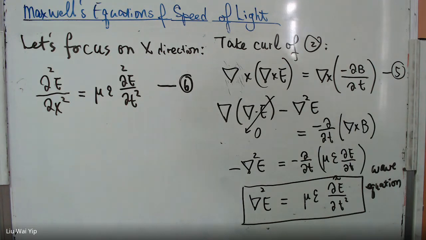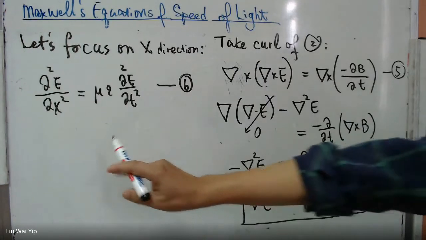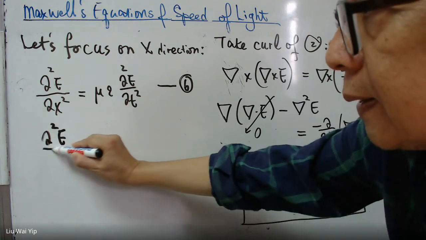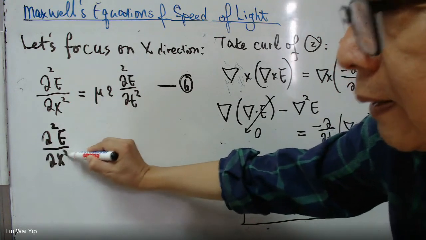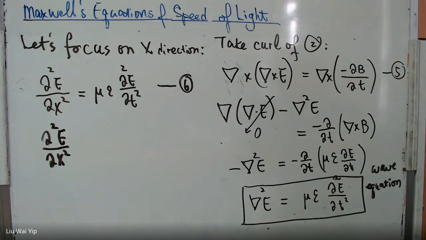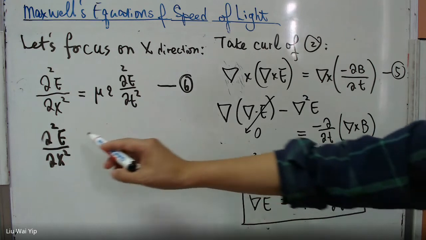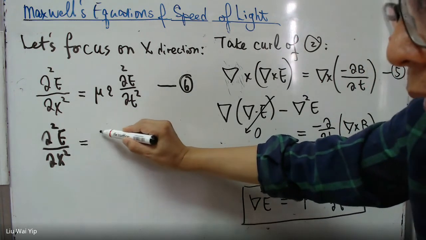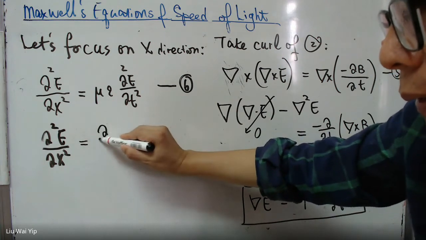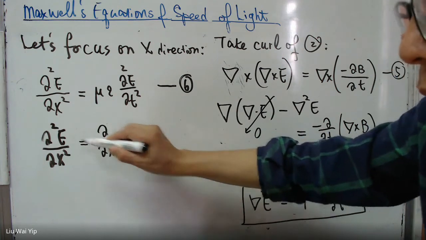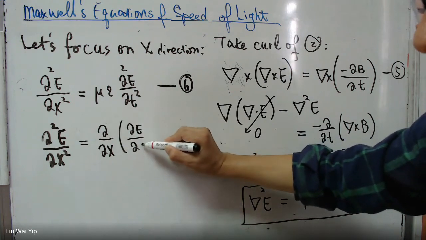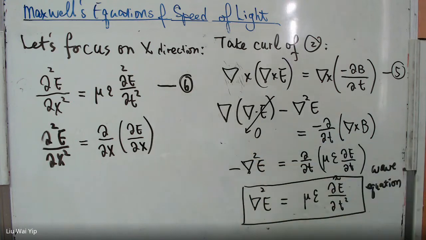Let's start from the left-hand side only. The left-hand side is this one, the Laplacian of the electric field E. Now, what it means is you can rewrite this expression as this one.